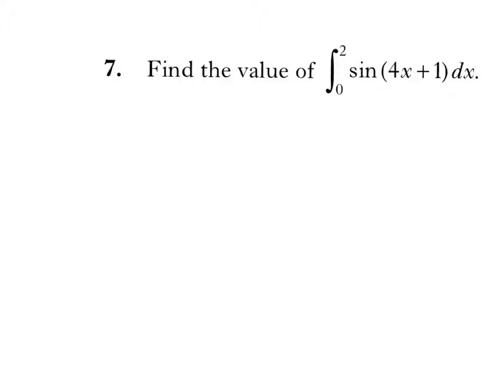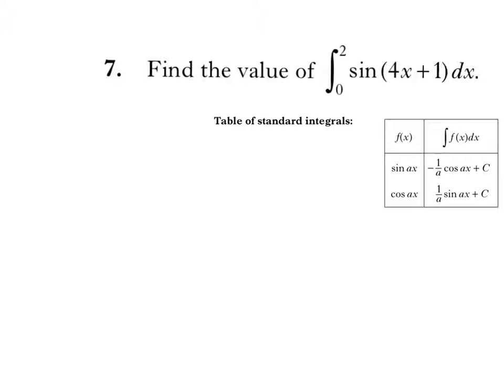Section 12, question 2. Find the value of the integral of sin(4x + 1) with an upper limit of 2 and a lower limit of 0. There's just a reminder of our table of standard integrals. So the integral of sin ax is minus 1 over a cos ax.